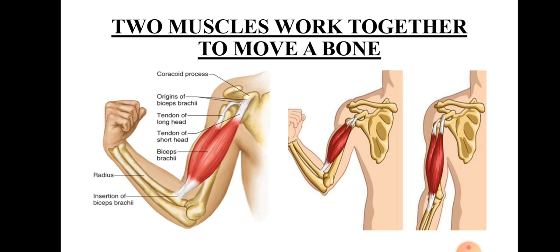How do muscles work? The movement of your muscles is coordinated and controlled by the brain and nervous system.